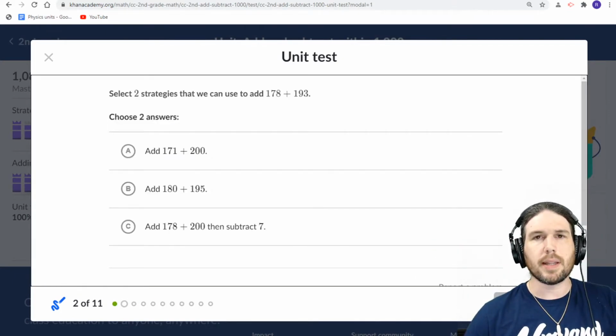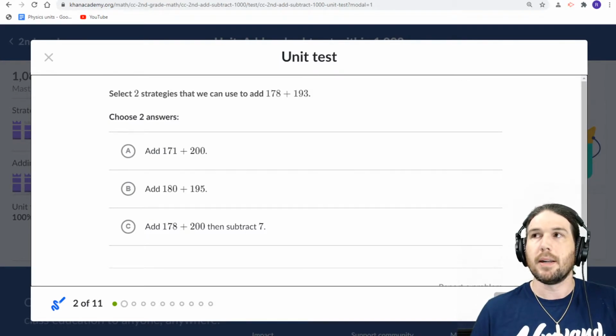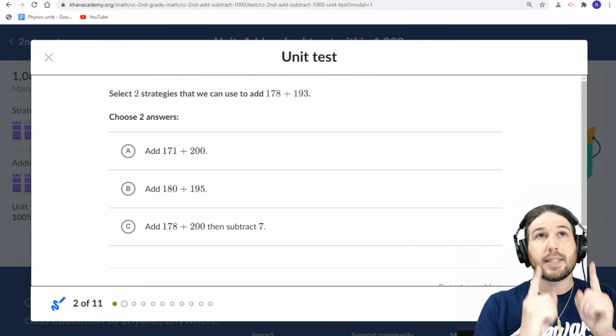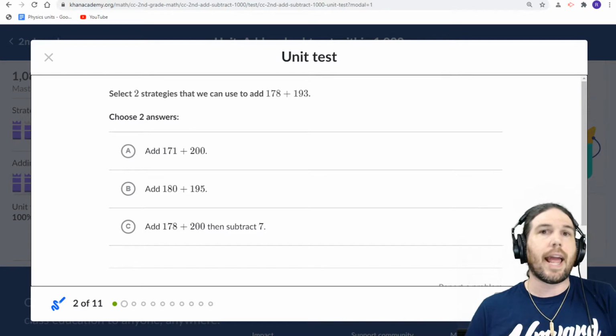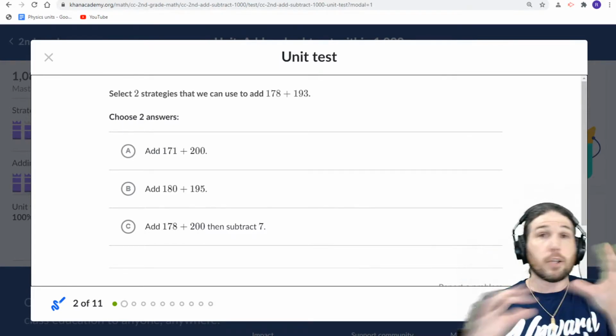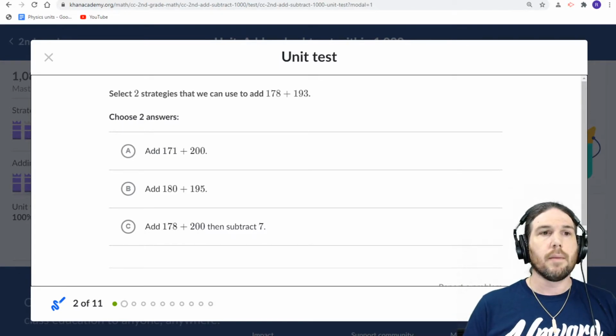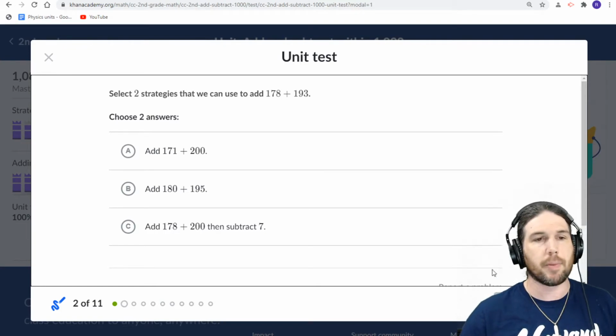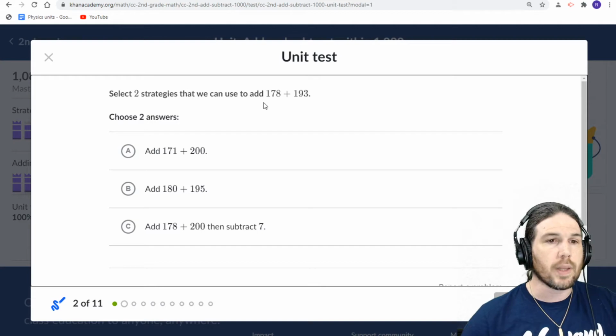I don't like people to think math is a thing that you have to be perfect all the time in order to have mastered it. I think it's okay to master each skill independently and have some problems that use many of those skills together, but I don't think you should have to do a randomized unit test just to get to 100%. Anyway, rant over. 178 plus 193.